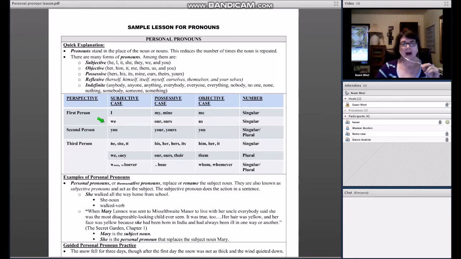We, our, ours, and us are plural. It's used for more than one person. We is more than one person. Our and ours refers to more than one person, and us refers to more than one person.